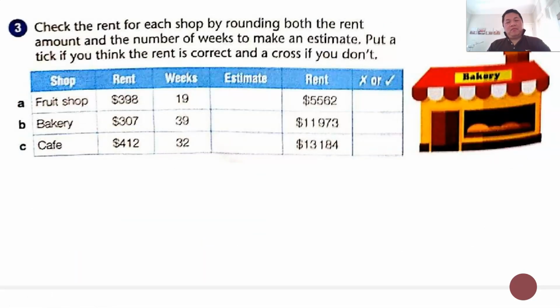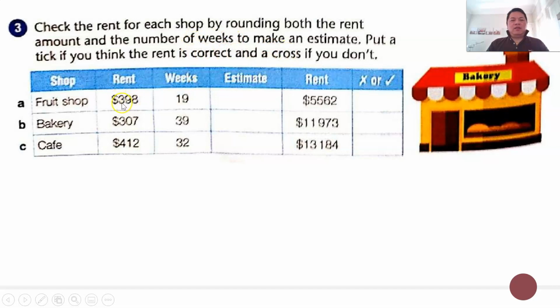Next one, the last question. We want to find out whether the estimation is correct for the rental. Let's look at the first one. The fruit shop rent is $398 and the number of weeks is 19. We are told to round both amounts to the nearest 10.